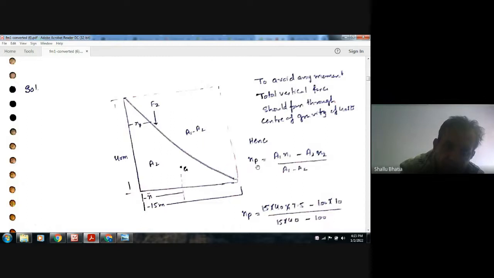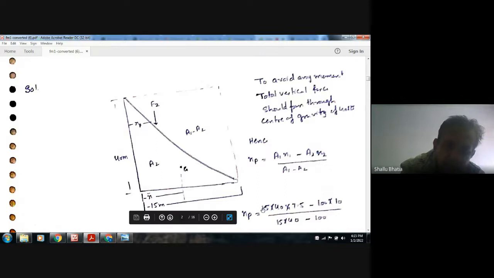So xp is found using A1 x1 minus A2 x2, divided by A1 minus A2. This is your A1 and x1 is 7.5, and this is your A2 and x2 is your x bar.